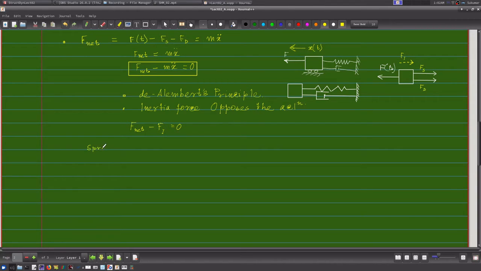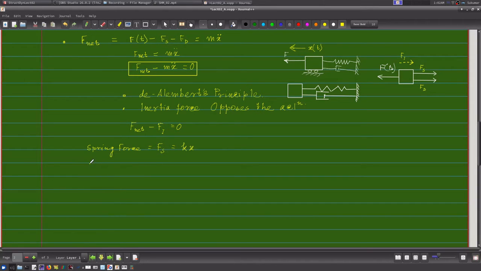A spring is characterized by its stiffness, you all know. So the spring force, which I have denoted as Fs, will be given by the stiffness times the deformation, K times X, where K is my stiffness, that is load per unit deformation.